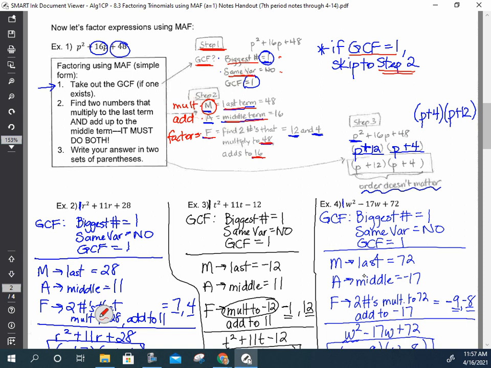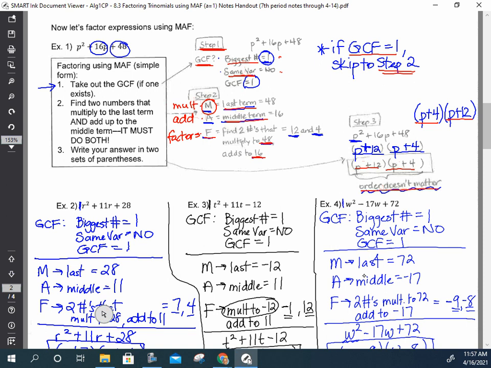This is 12 and 4. Last step is where you write the answer in parentheses. Like I said, the order does not matter. P plus 12 and P plus 4 is the same thing as P plus 4 and P plus 12. Order doesn't matter as long as the numbers are right.